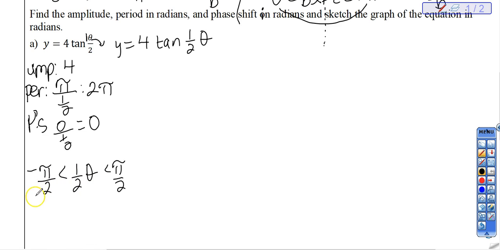I don't wish to create a complex fraction here, I'd rather just multiply by the reciprocal. So I'm going to multiply everything by 2, which cancels out all those denominators. So here we have negative pi less than theta less than pi.